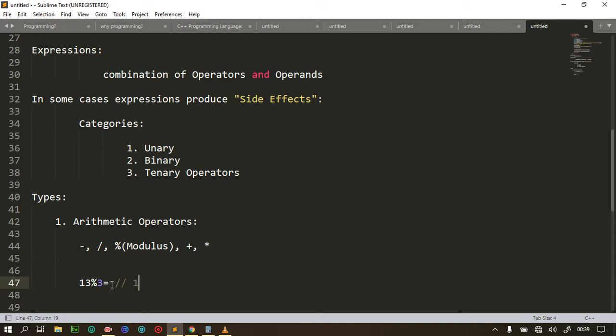What I need is the remainder after getting the answer. So modulus focuses on the remainder. Division: what if I had 9 divided by 2.0? The answer is going to be 4.5.